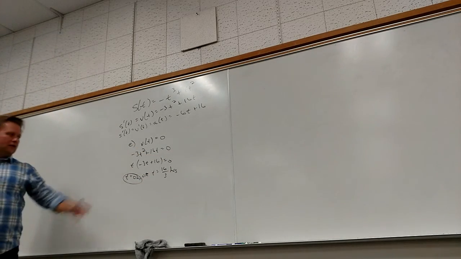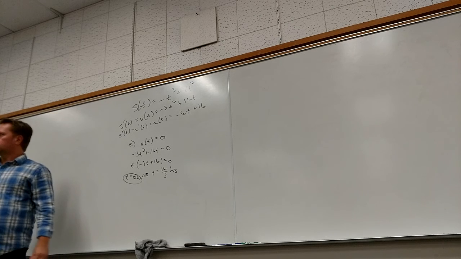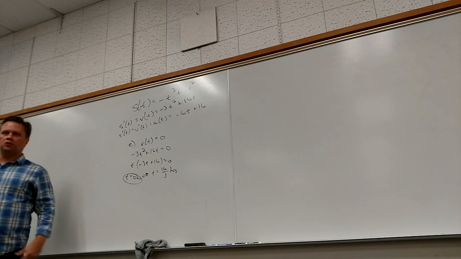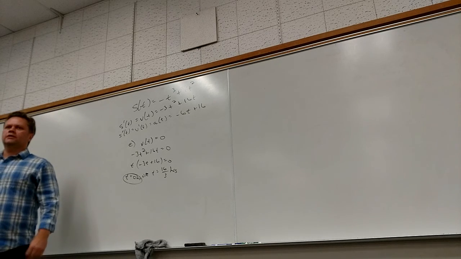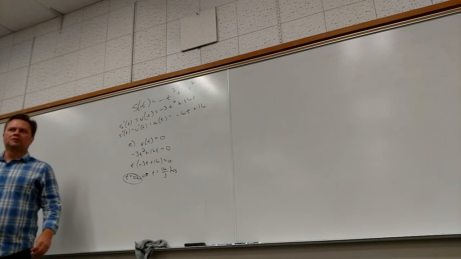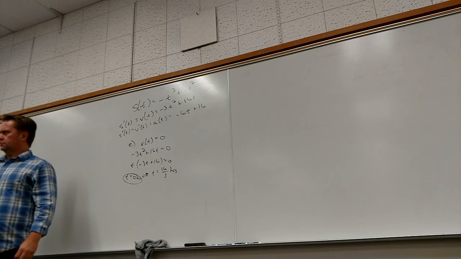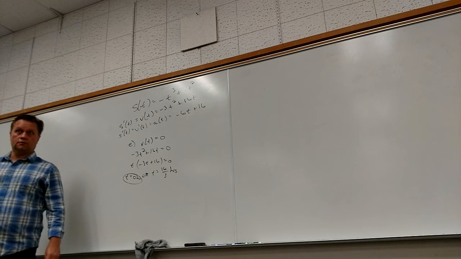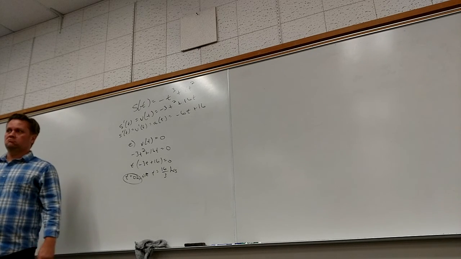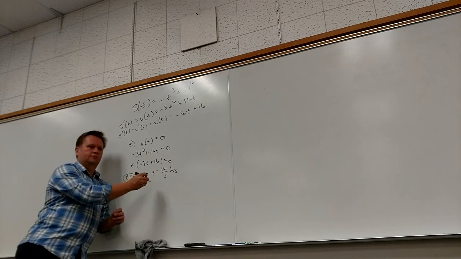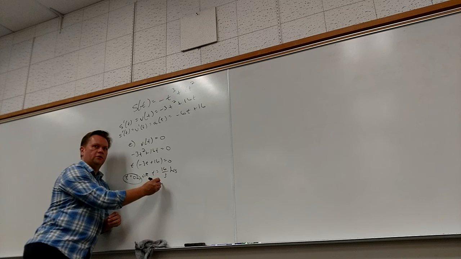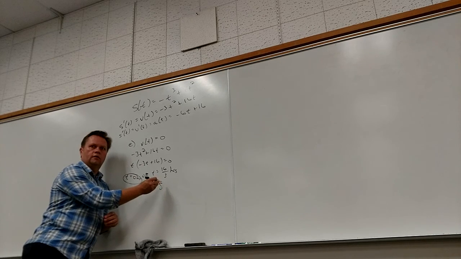Okay, good. And then you can make that into a decimal to make it more human. Can somebody make this into hours and minutes for me? What is it as a mixed number? 5 and a third.